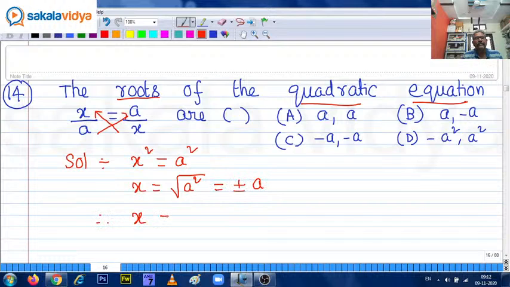Therefore x equals to minus a or plus a. That means option B is the right option. Option B, not option A. Lakshmi, you check. Not option A. One will be positive and one will be negative.